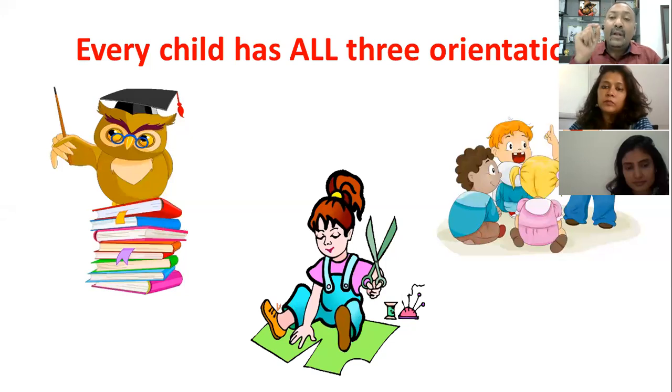But you will easily be able to figure out what kind of task, academic, interaction based, or practical application based, would be your first priority, which will be the second priority, and which will be your third priority, and that will define what I call your orientation graph. If you've understood your orientation graph by now, it will become very easy for you to understand what the next course of action should be.